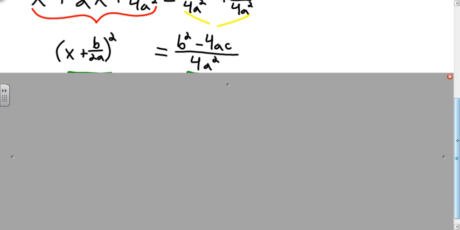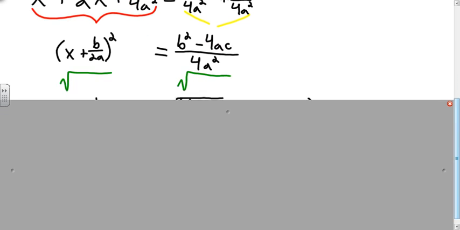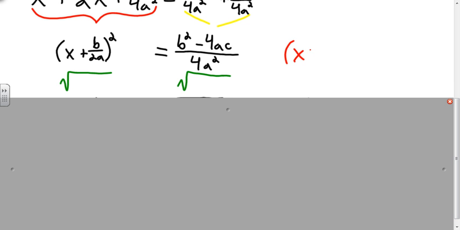Moving down from here, the next thing we want to do is take the square root of both sides. That comes from our square root property. Remember, in this case, it's essentially the same as saying we have x plus n squared equals m, so we need to take the square root of both sides and then subtract the n, which I'll show you in just a sec.